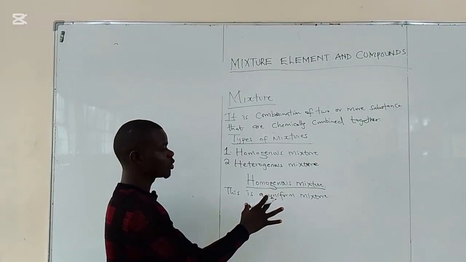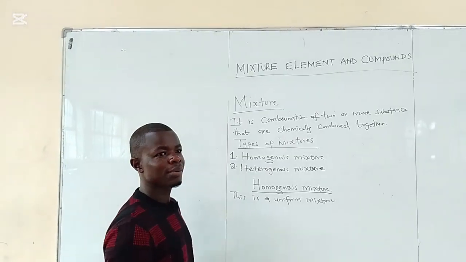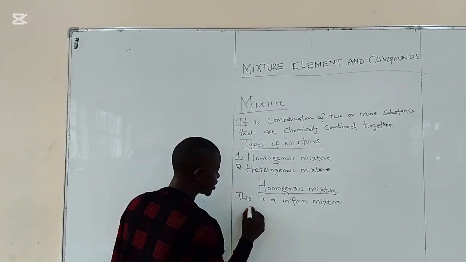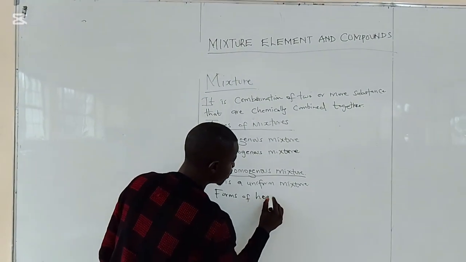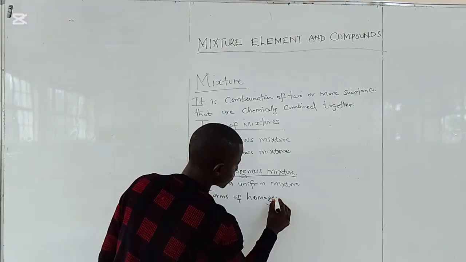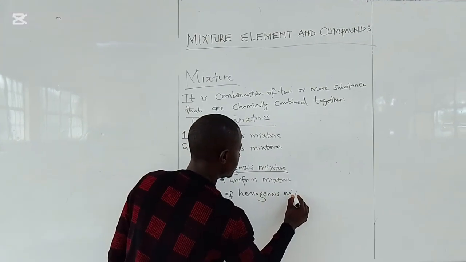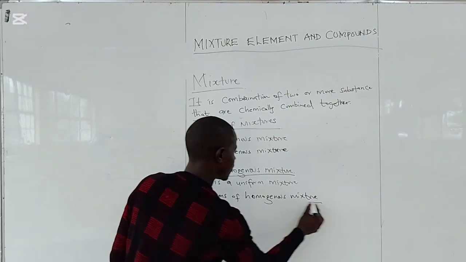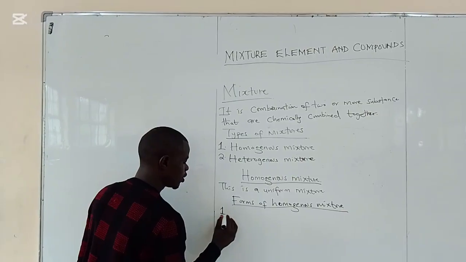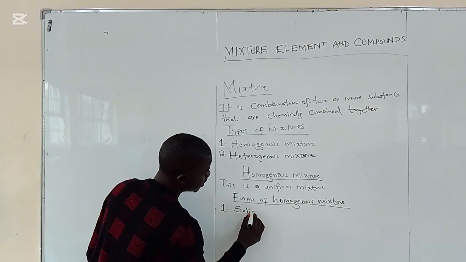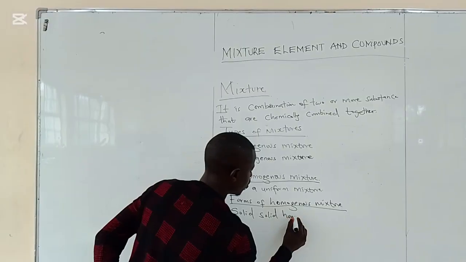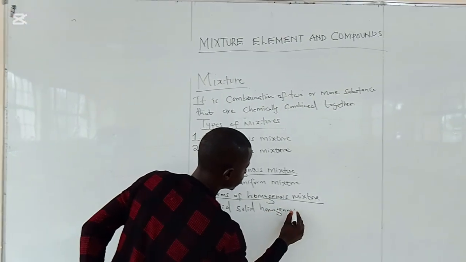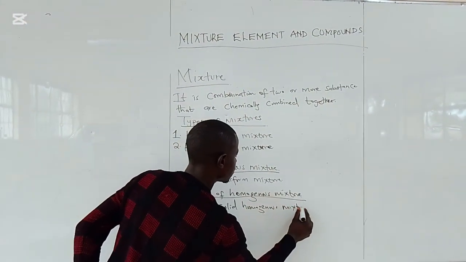So from this homogeneous mixture, we can still talk about forms of homogeneous mixture. Number one, we're having solid homogeneous mixture.